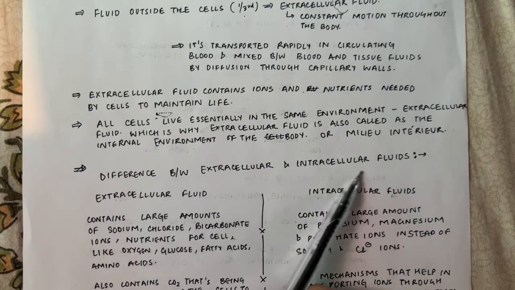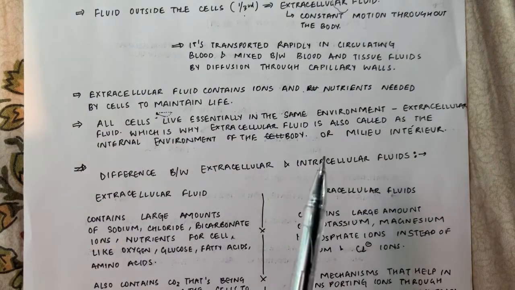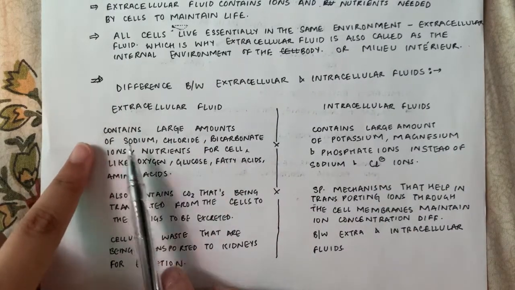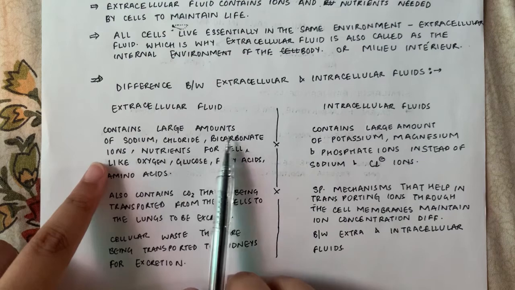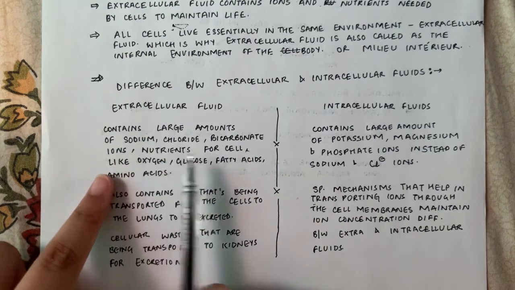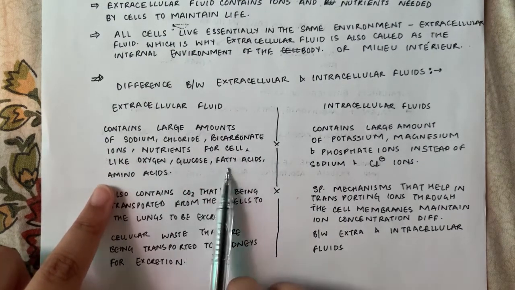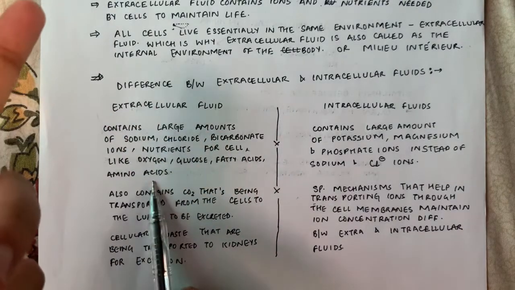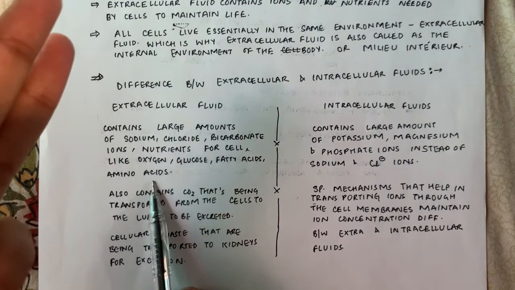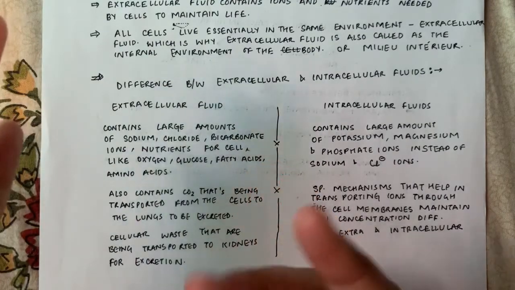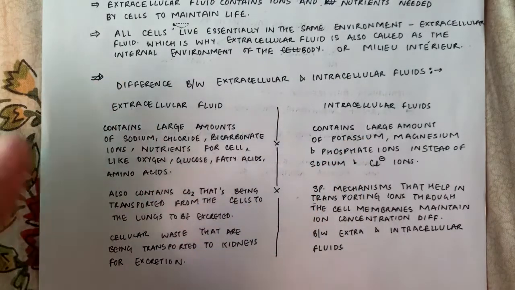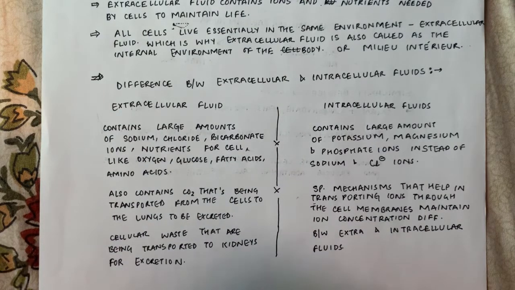ओके. नाउ the difference between extracellular and intracellular fluid. एक्स्ट्रा सेलुलर इंट्रासेलुलर फ्लूइड में क्या डिफरेंस है? So let's read. So extracellular fluid contains large amount of sodium chloride, bicarbonate ions, nutrients for cells like oxygen, glucose, fatty acids and amino acids. ये सब चीज़ें हमारे सेल के एक्सटर्नल एनवायरनमेंट में प्रेजेंट होती हैं ताकि सेल can take it up whenever they need.